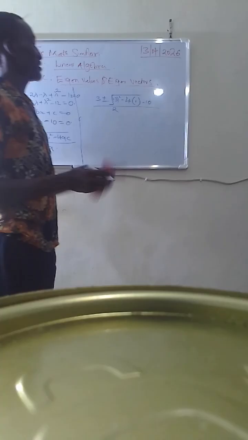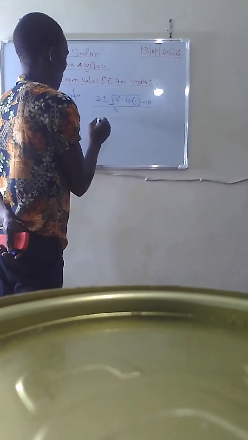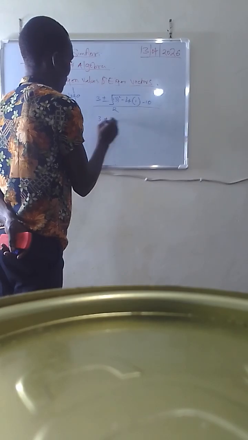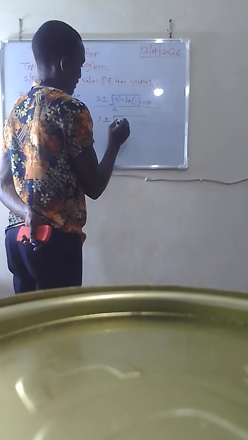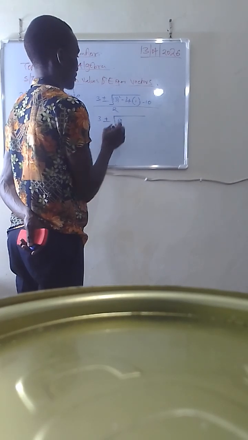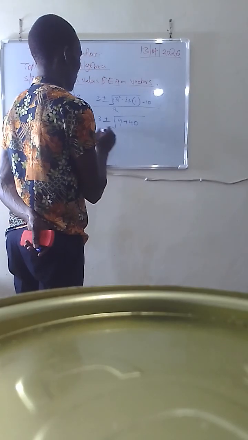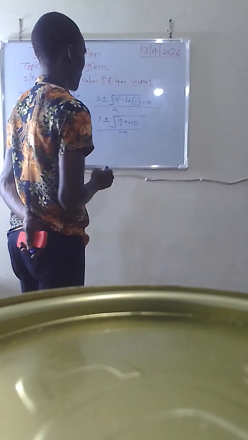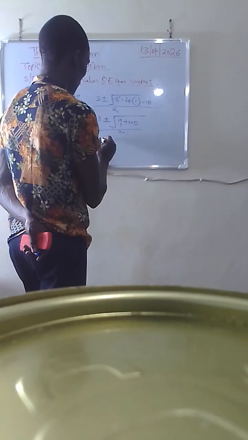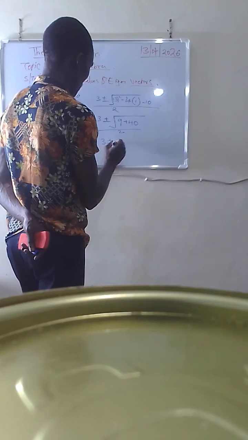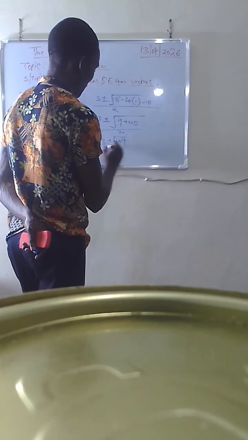This is 9 minus negative 40. So this will be 3 plus or minus the root of 9 plus 40, all over 2a. 2 times 1 is 2, which is 3 plus or minus the root of 49 all over 2.